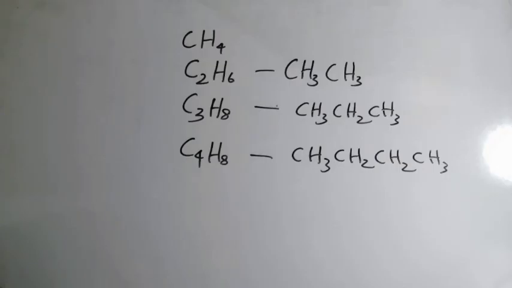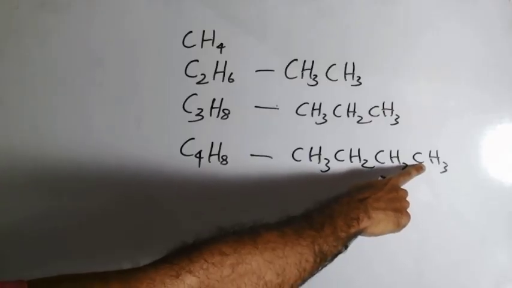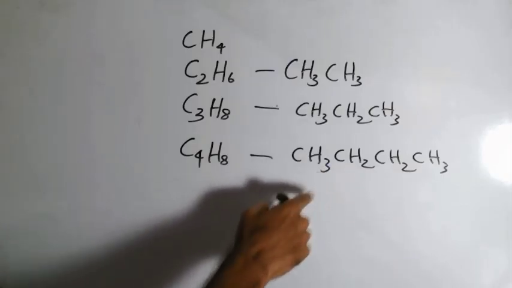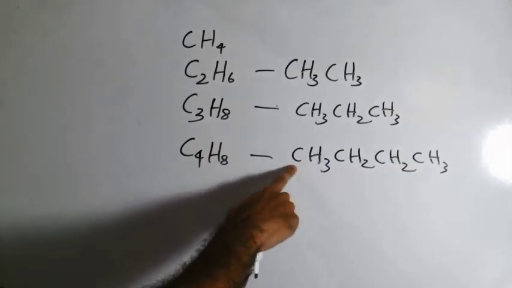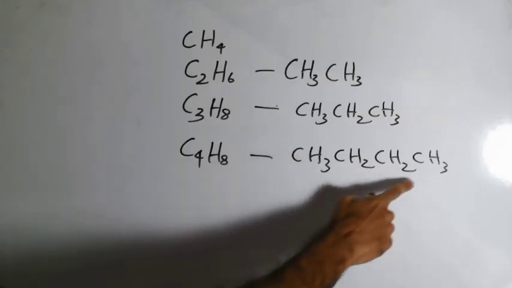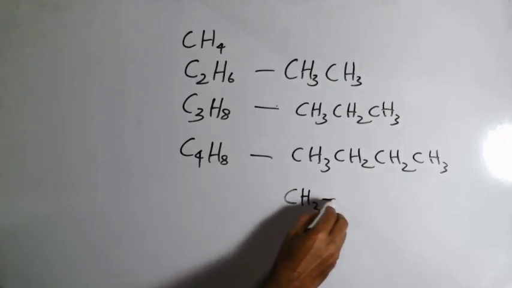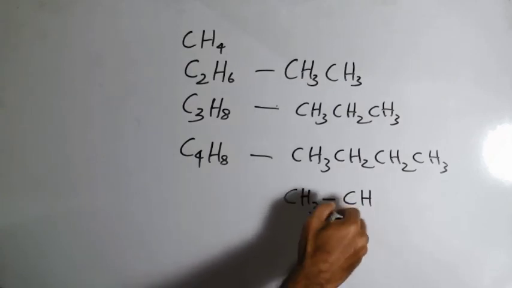Now I am going to remove one carbon from this. Let us say this carbon, and try to connect to here. I am not going to connect to there because it will result in the same thing. So then I am going to remove this, and also I am going to remove this hydrogen.